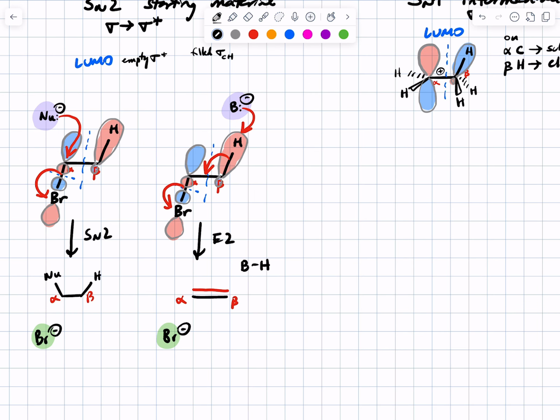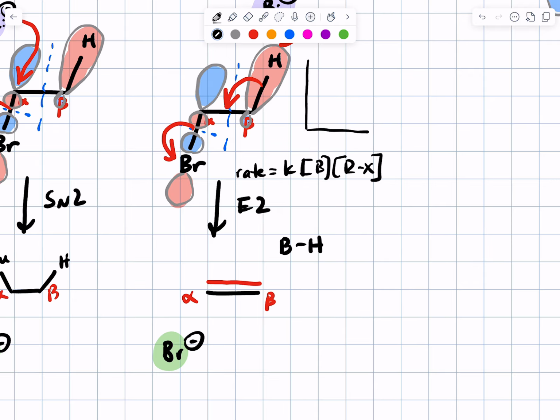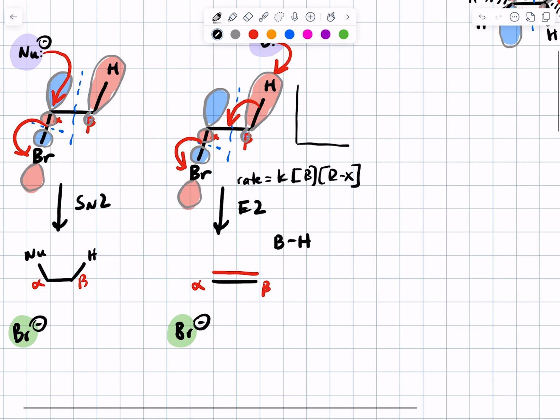You're going to see that the elimination reaction, the E2 reaction, depends on the concentration of the base and the concentration of the alkyl halide. And you're going to see that an energy diagram for this E2 reaction is going to be very similar to the SN2 reaction. You have starting materials, one transition state, and then products. It's a single step reaction.